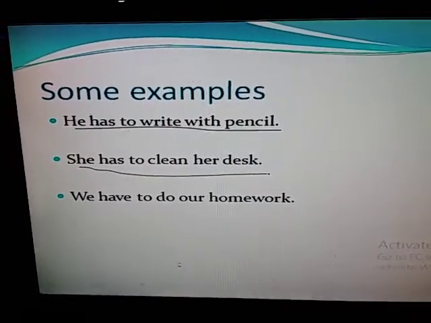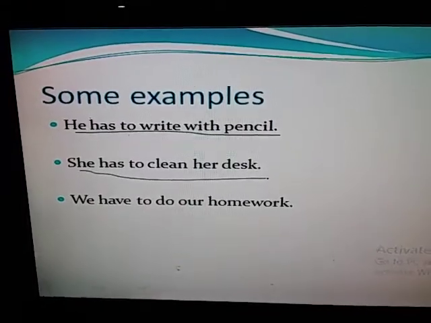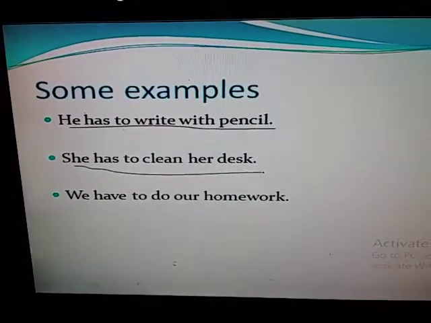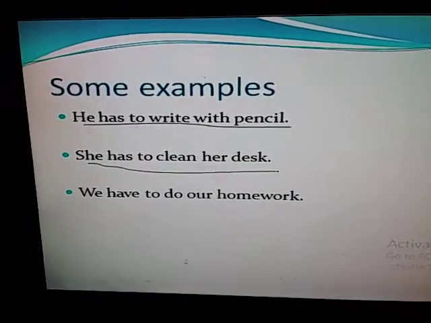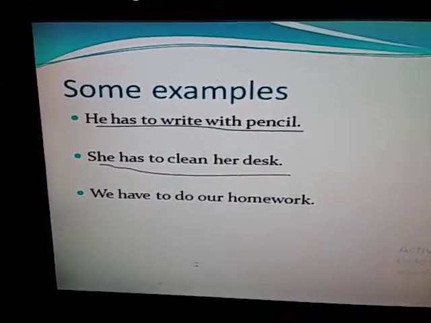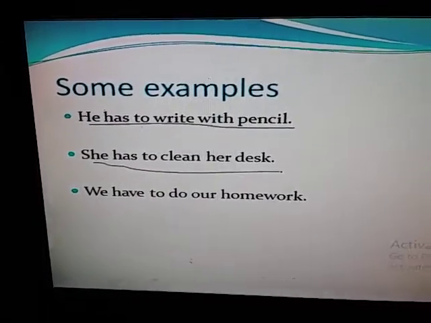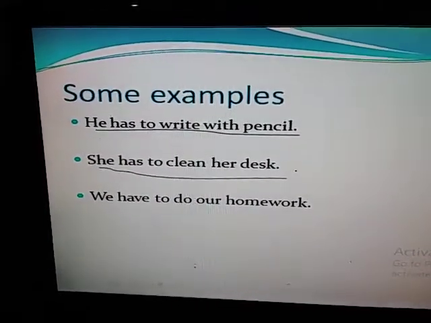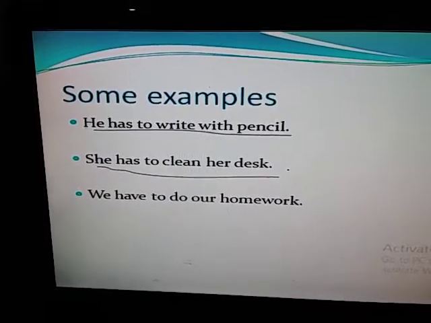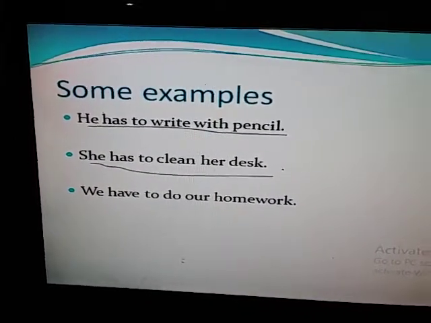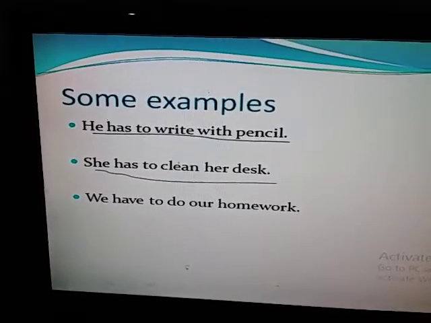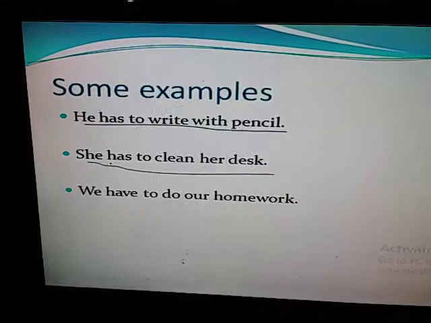That means in this sentence, the subject she does not want to clean her desk. She is not happy to do this work, but she has to do. So here external circumstances force the subject to do the work, and to express this idea has to is used here.